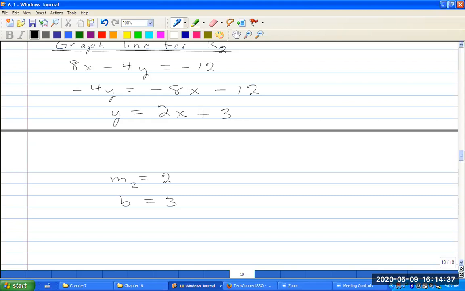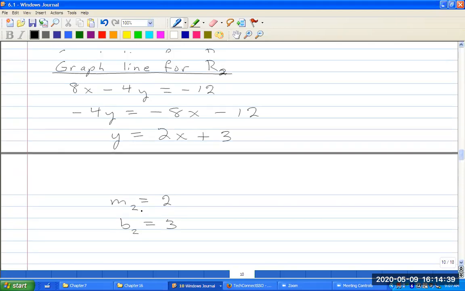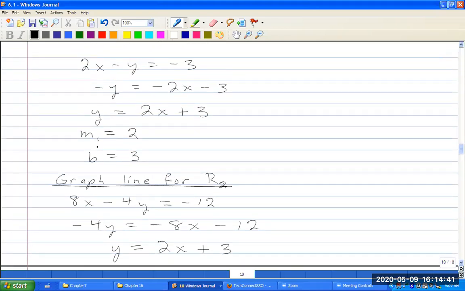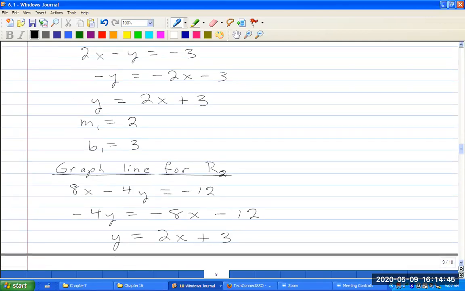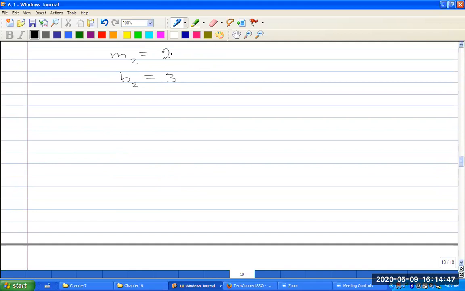Actually, let's call this the second and the first. Okay, so let's try to graph this. The first has a y-intercept of 3 and a slope of 2.